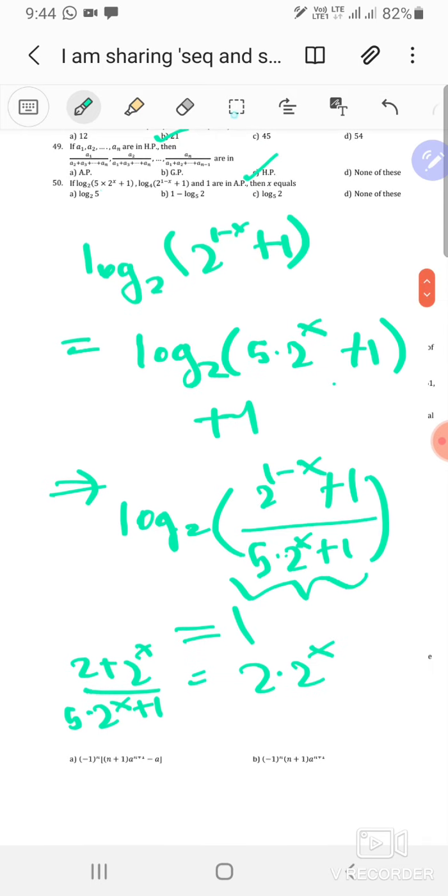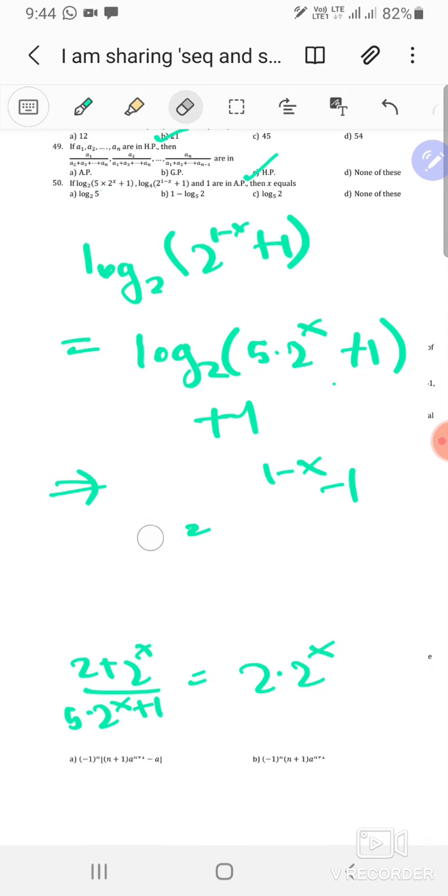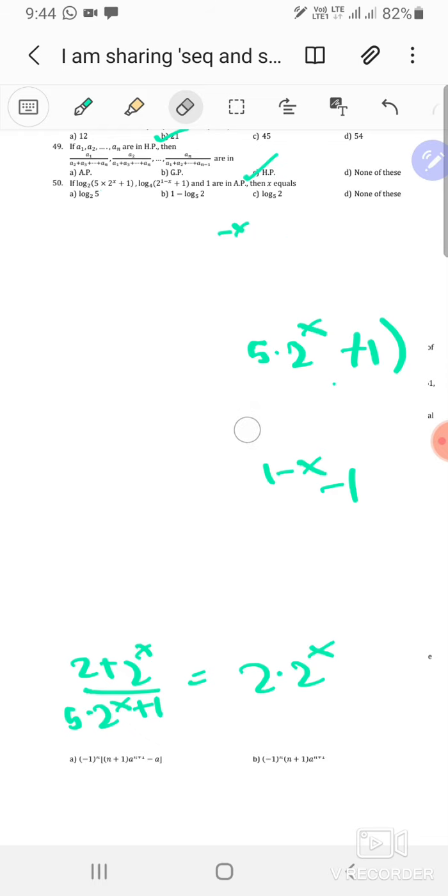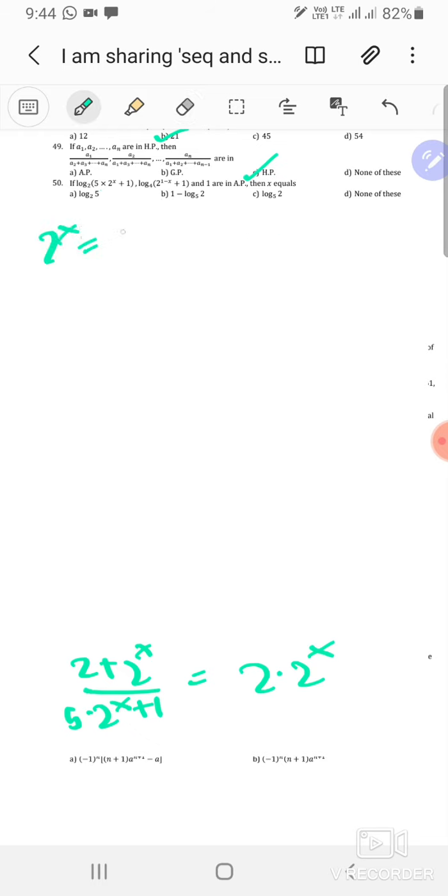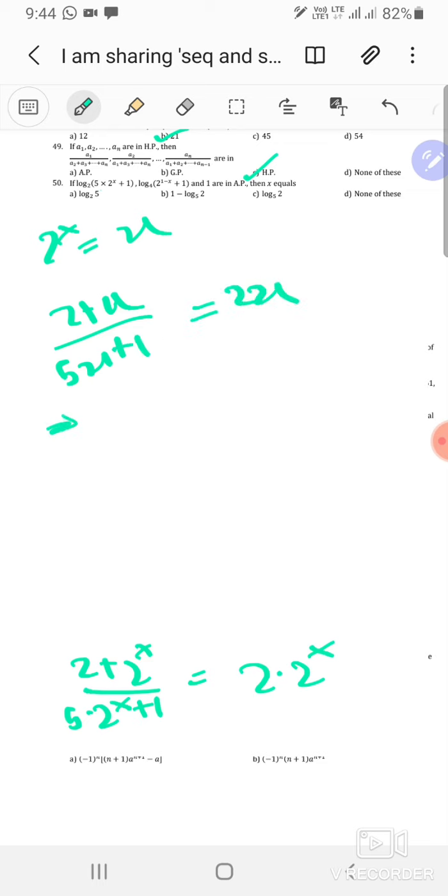Okay, this is a solvable equation, so it's almost like a quadratic. So I will set 2 power x to be equal to u, so that will give me 2 plus u upon 5u plus 1 is equals to 2u. So that gives me 2 plus u is equals to 10u squared plus 2u.